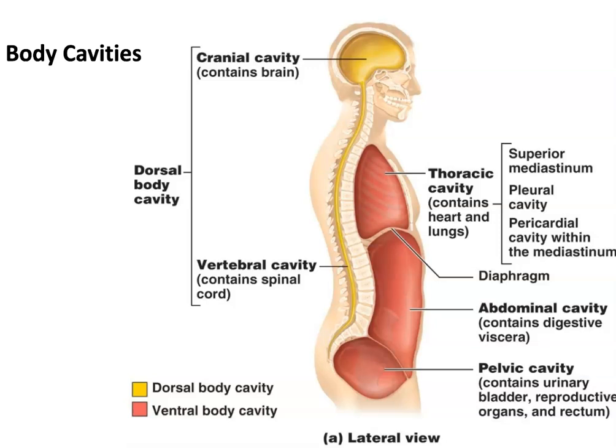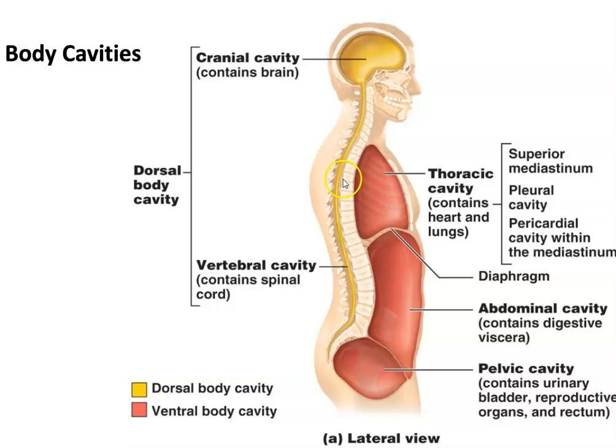As you can see in this image, there are two major body cavities, each of which is subdivided into smaller cavities. First, we have the posterior cavity, or the dorsal body cavity. As implied by its name, the posterior body cavity is largely on the posterior side of the body. It contains two smaller cavities, the cranial cavity, which is the area encased by the skull.